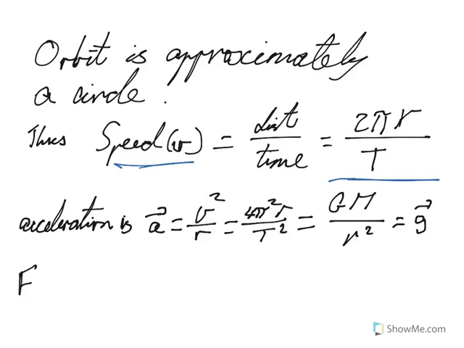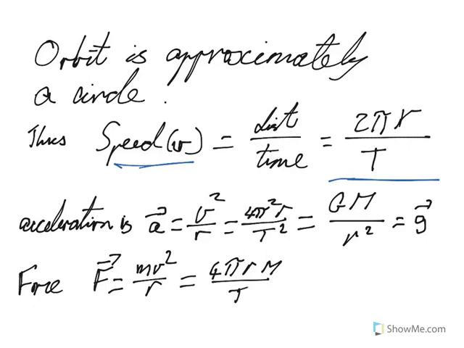And then finally the force. Again, from what we know about circular motion, the force would be m v squared on r. Making the same sorts of substitutions for the v squared, we would get 4 pi squared r m over T squared, or big G, big M, little m on r squared, and that would be mass times the acceleration.